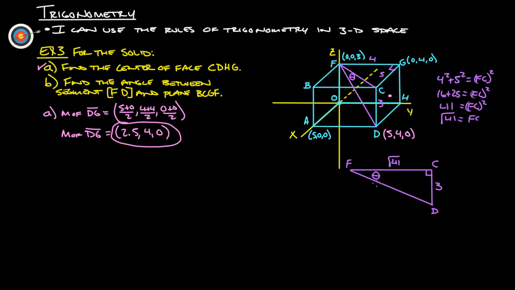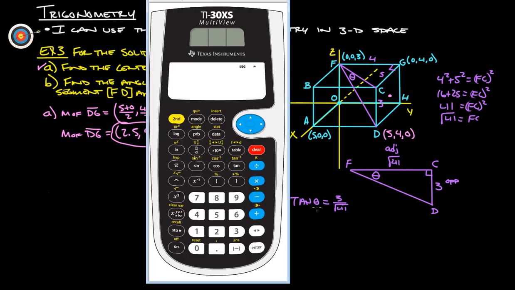To find this angle here, if you'll remember from our trig unit, from this angle, this is the opposite, and this is the adjacent. So that means we're going to want to use tangent. So tangent of the angle is going to be 3 over the square root of 41. So we bust out our calculator. And remember, whenever we're looking for an angle, it's always going to be second.